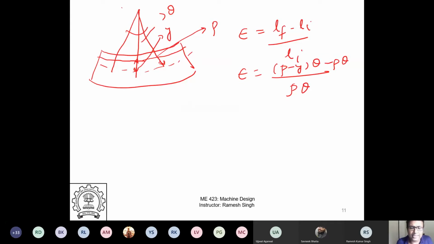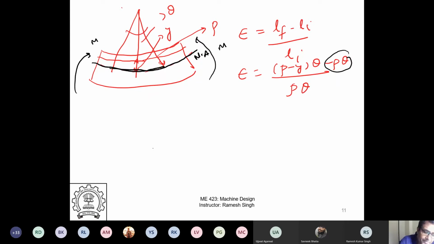So basically, before we do that, I'll quickly show this. All of you know it, but I'll still very quickly try to do that. When bending happens, pure bending, your neutral axis remains unchanged. So if you see, this is rho theta, right? Because of bending, the beam will take some curvature or some radius.